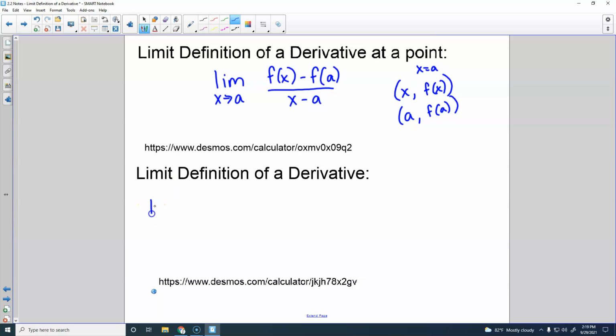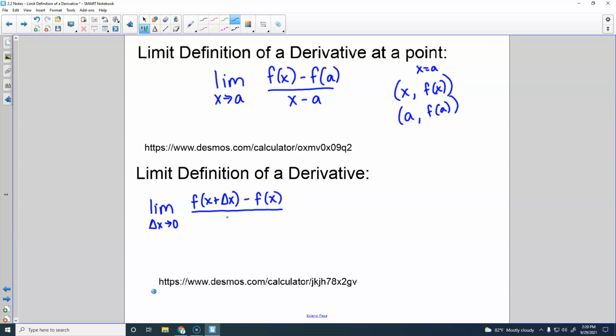Our textbook does it this way. Limit as delta x approaches 0 of f of x plus delta x minus f of x all over delta x, right?